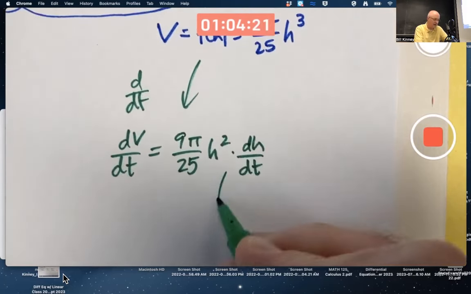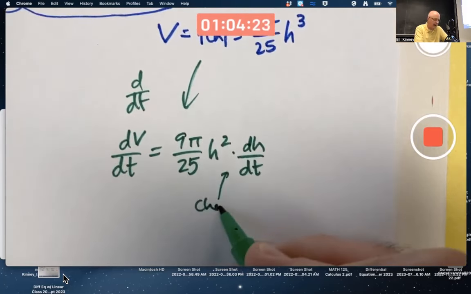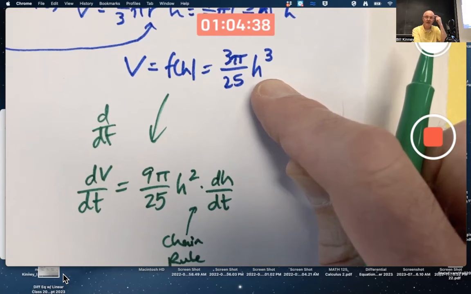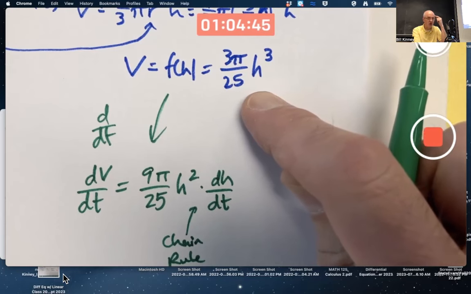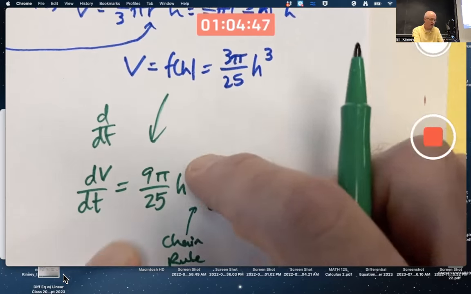That's the chain rule that I used there. I assumed h is a nice differentiable function of t. And when I looked at this expression with that idea in my mind, I said I need the chain rule because h as a function of t is the inside function. The outside function is the 3 pi over 25 h cubed. So that's what I start to write down.